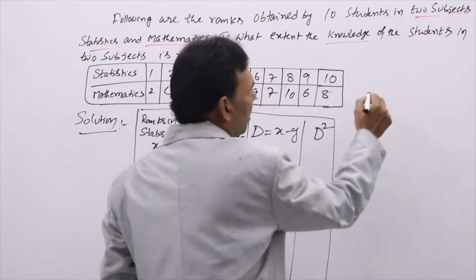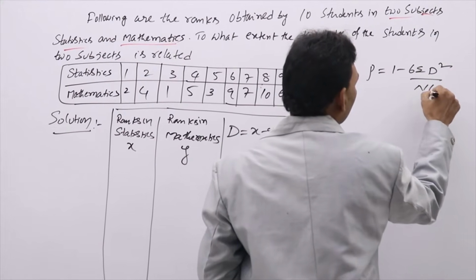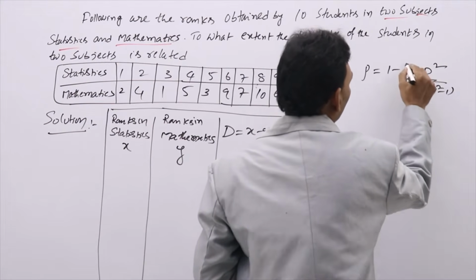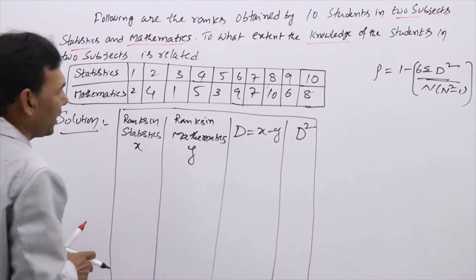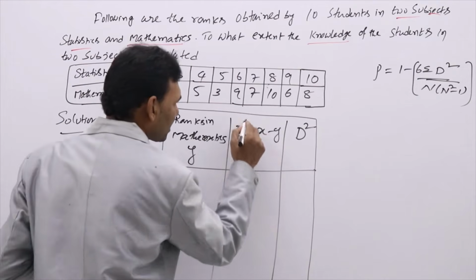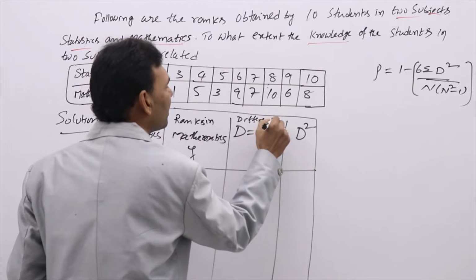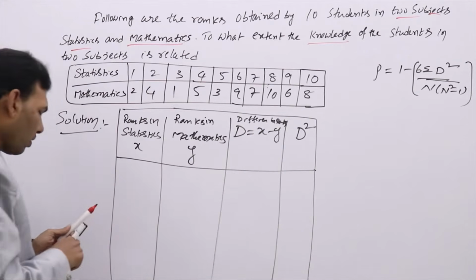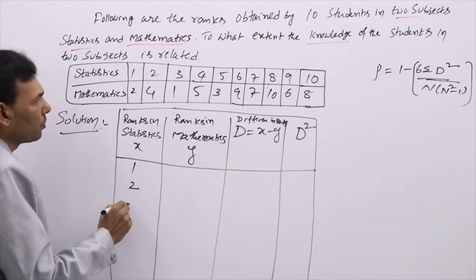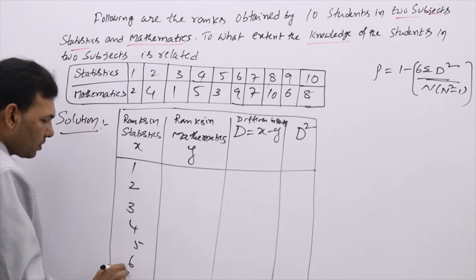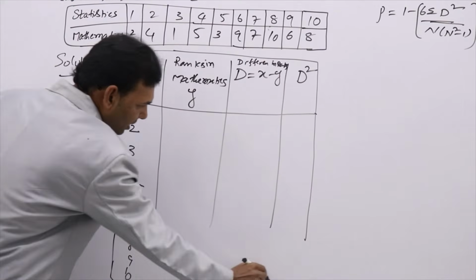The formula is 1 minus 6 sigma D square by N into N square minus 1. N is 10 here. Sigma D square is needed, that's why we are finding the differences in ranks. D means difference in ranks. Statistics ranks are 1, 2, 3, 4, 5, 6, 7, 8, 9, 10, given as they are.